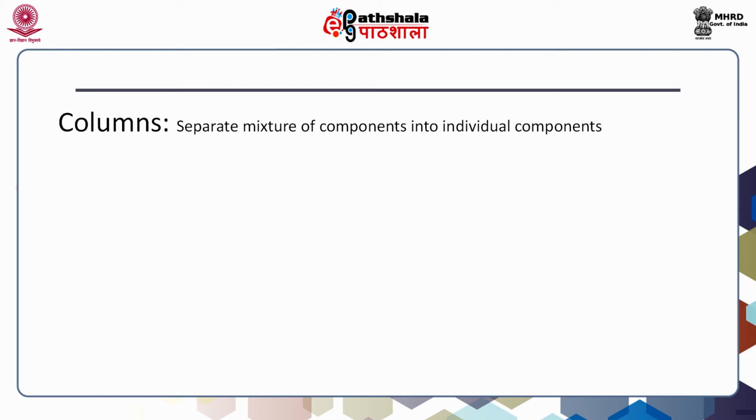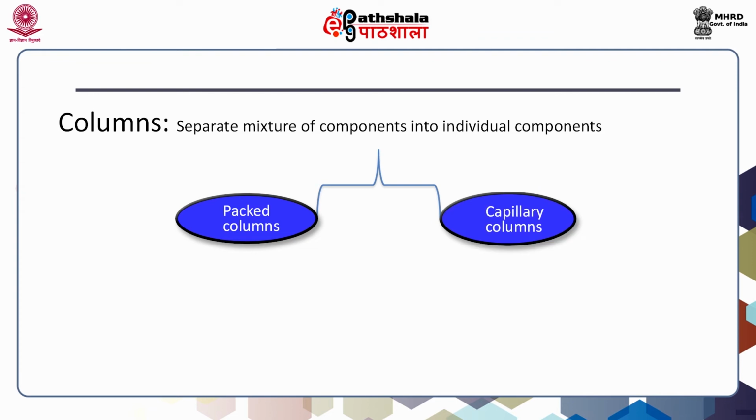These columns can be of two types: packed columns and capillary columns. In this slide we can see the packed columns, which can be made of glass or metal. As is evident from the photograph, they are smaller in size but wider in diameter.